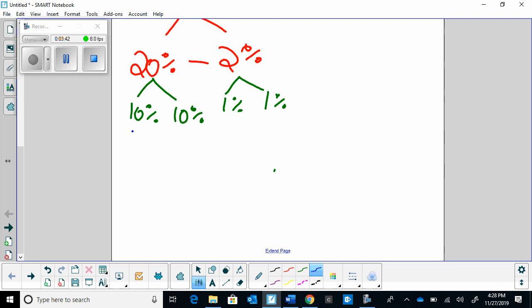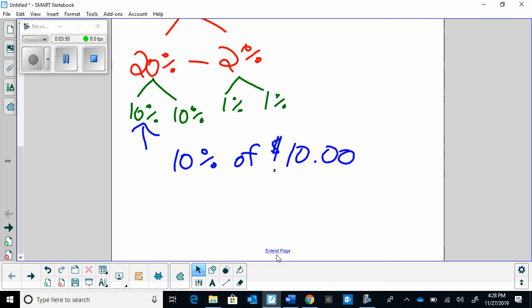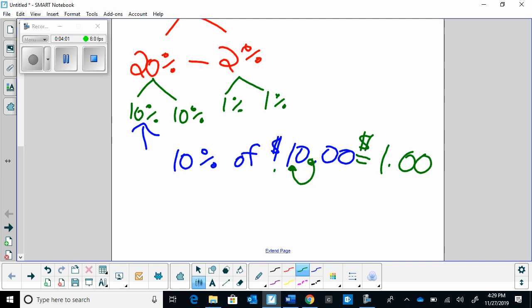So when we look at 10%, let's calculate 10% of our total, 10% of the $10 that we spent. Well, we said when we're calculating 10% of a number, we're moving that decimal point over one spot. So 10% actually becomes $1. Well, we need the other 10%.